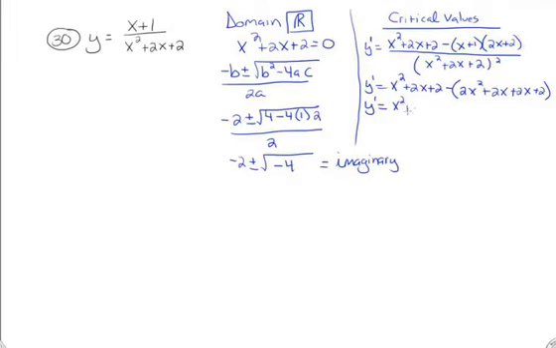So x squared plus 2x plus 2 minus 2x squared minus 2x, but it's negative, minus 2x minus 2. All right, so let's cancel out the 2's, plus 2x and minus 2x. So it looks like I get a derivative of negative x squared minus 2x over all of that stuff squared.